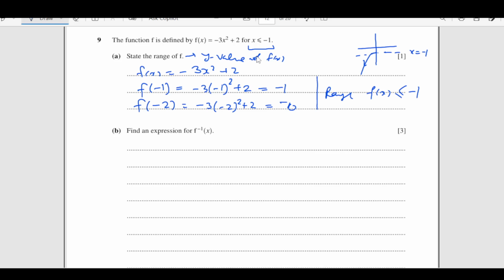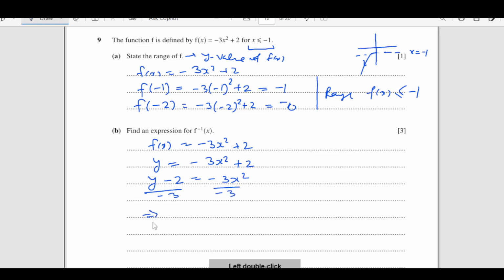Find an expression for f inverse x. Now we have f(x) is negative 3x squared plus 2. Let's say this is equal to y, we can just replace f(x) by y. Now let's make x the subject. Minus 3x squared, divide by minus 3, divide by minus 3.